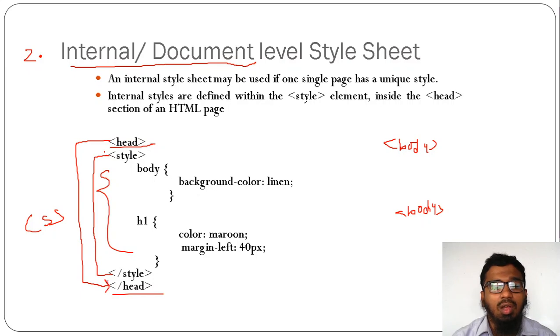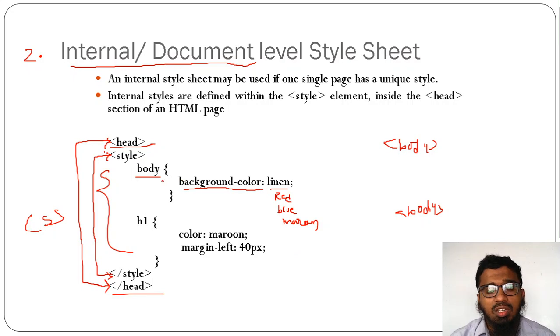So this is about head and style. Whatever you are writing in style, the syntax is: you need to take the selector, body, bracket open, background color is lime. You can write red, you can write blue, you can write maroon.